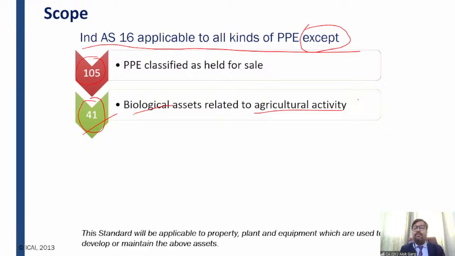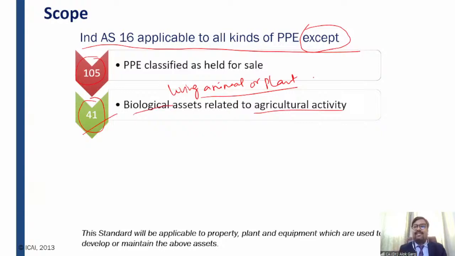So guys, what is meant by biological asset? Biological asset is a living animal or plant. When you read Ind AS 41, you will find this definition. Biological asset means living animal or plant, right? If such living animal or plant is related to agricultural activity, then it will be covered under Ind AS 41. It will not be covered under Ind AS 16.